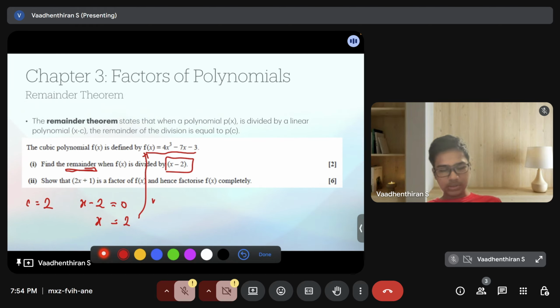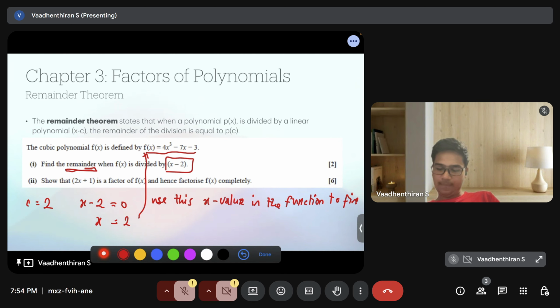So you use this x value in the function to find the remainder.